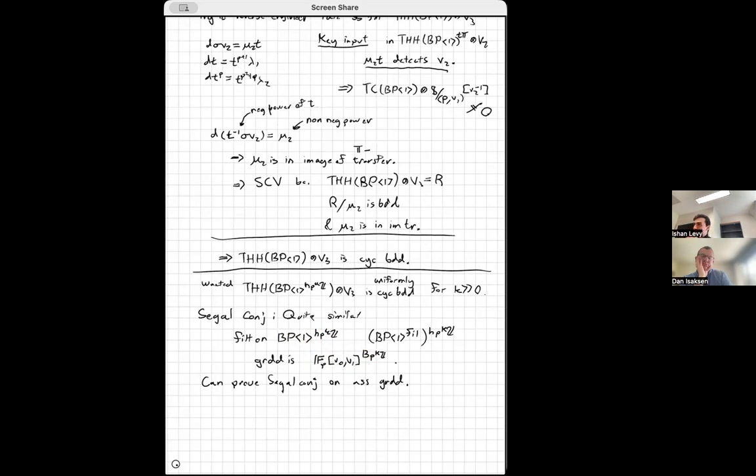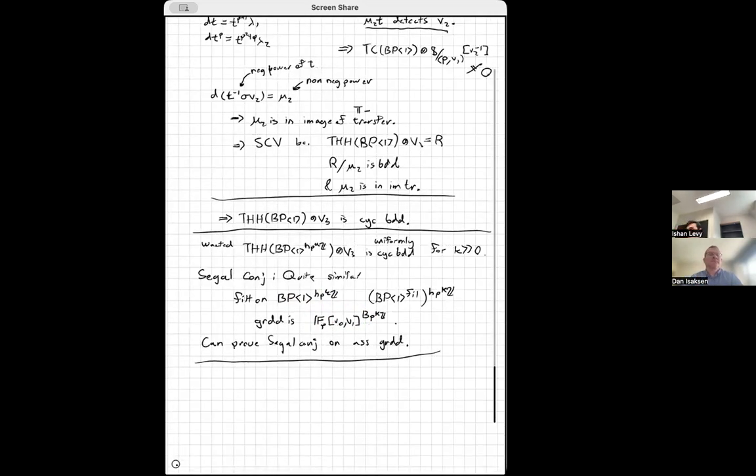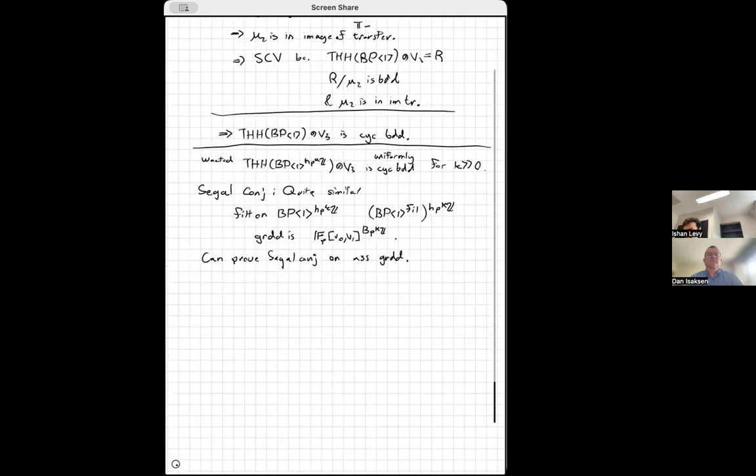Okay. So I won't say much more about the Siegel conjecture. But then you wanted to prove canonical vanishing. Before getting into that, let me just mention that you can in fact completely understand pi star of this. Like we have this filtration, and so you get a spectral sequence.